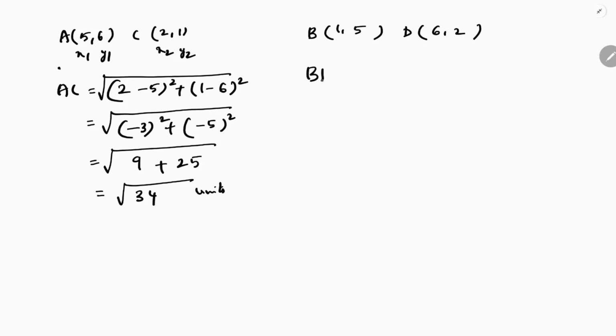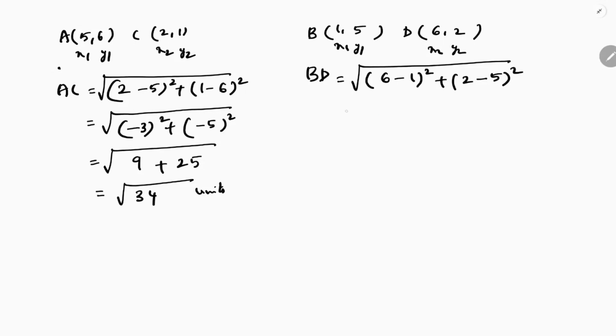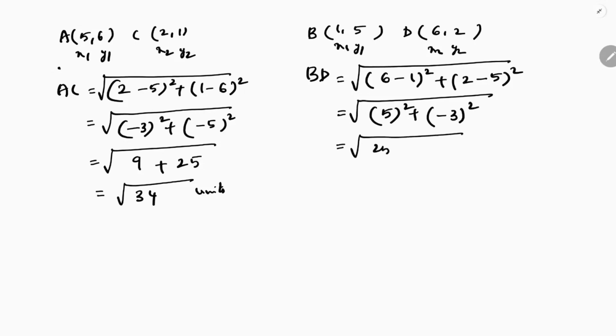Next, BD distance: under root (6 minus 1) whole square plus (2 minus 5) whole square. 6 minus 1 is 5, squared is 25. 2 minus 5 is minus 3, squared is 9. So it is 25 plus 9, root 34 units.